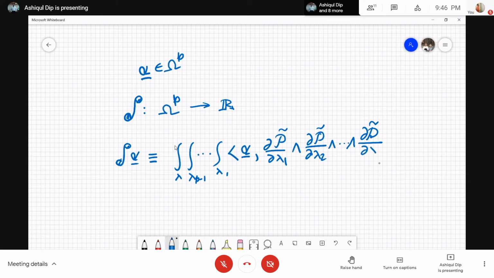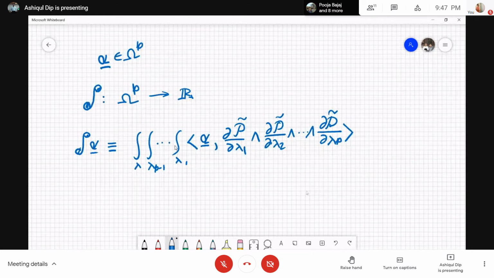So you are taking a p number of vectors to produce a p-vector. You're taking piercing, and then it's a number. This piercing gives you a number, and then you just perform an ordinary multiple integration over this value.